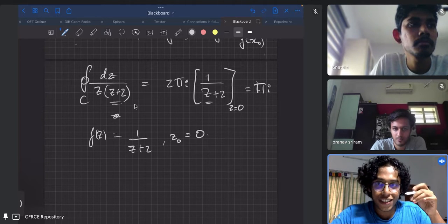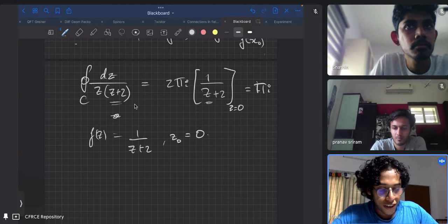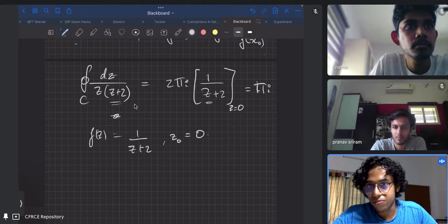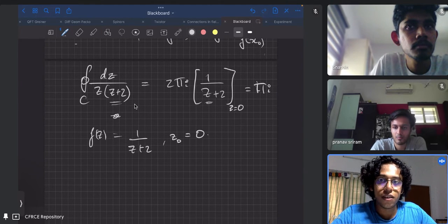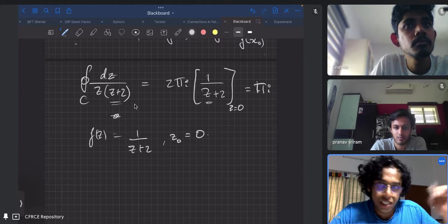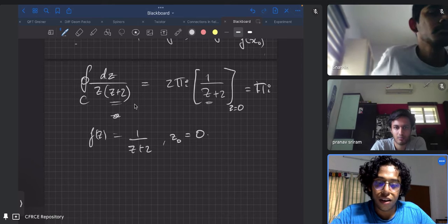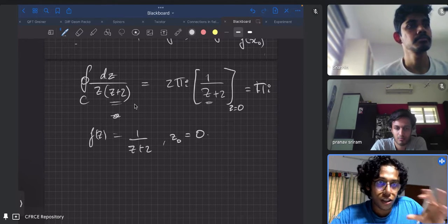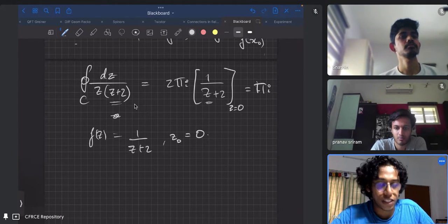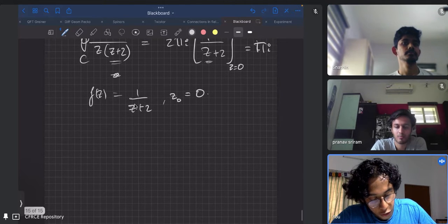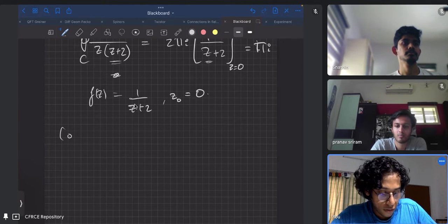So in this particular example, we want z plus 2 not to be a singular point inside; it should be a singular point outside the contour. To simplify the whole thing, for the sake of this example, we take the contour to be the unit circle.